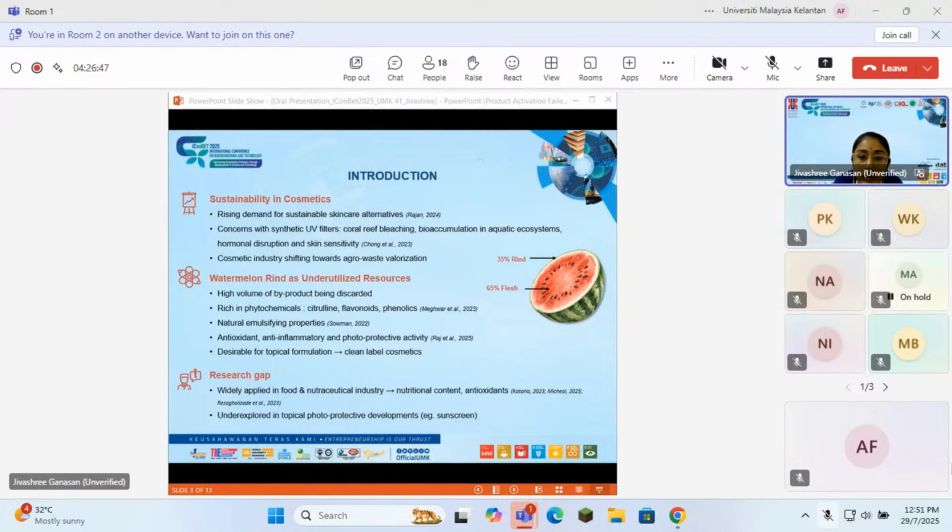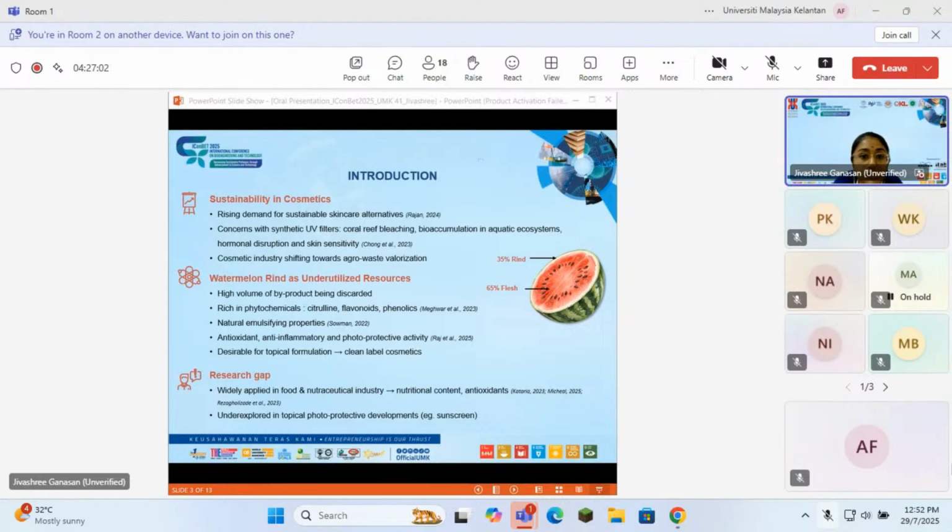These compounds have been discovered to have antioxidant, anti-inflammatory, and photoprotective activity, making it a promising candidate for sustainable and effective sunscreen formulation.